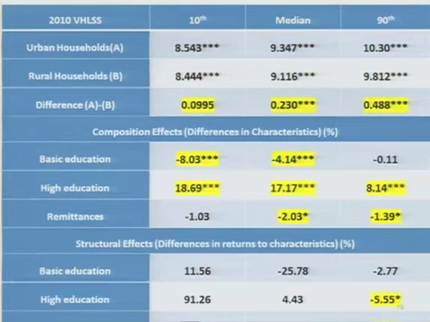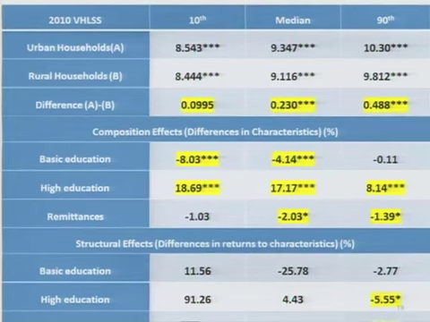But the disparity is seen at relatively higher percentiles, like the median and the 90th percentile. So what we did in the paper was to analyze why, looking at the composition effect, the difference in characteristics, and the structural effects, basically returns to the characteristics.